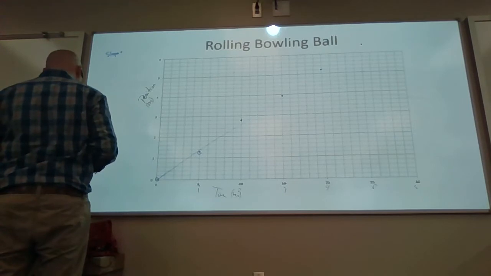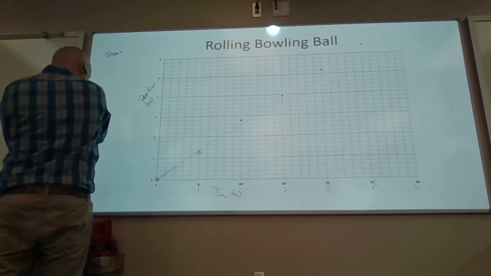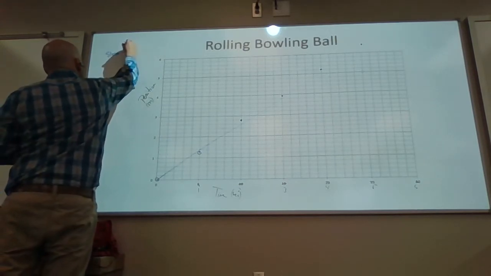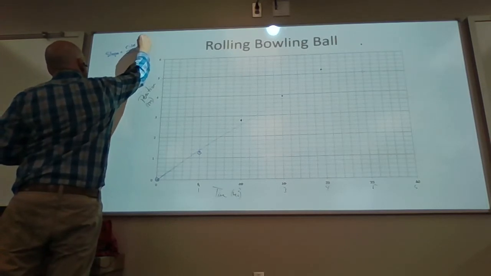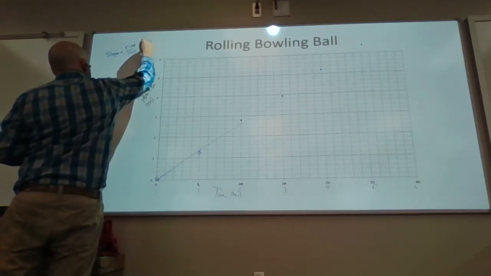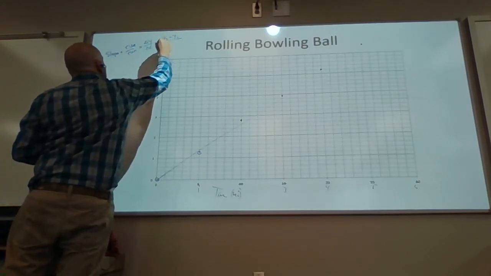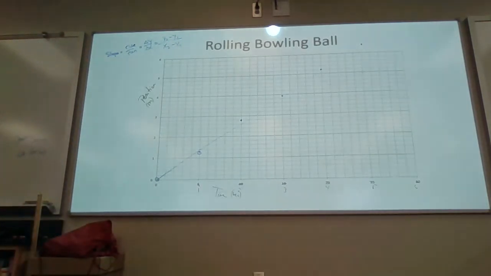Math folks, what is it? How do you find it? Slope is equal to rise over run, another way to say that is change in y over change in x, y2 minus y1 over x2 minus x1, yeah? Okay, might have been a while, but hopefully that's in your brain rattling around somewhere.